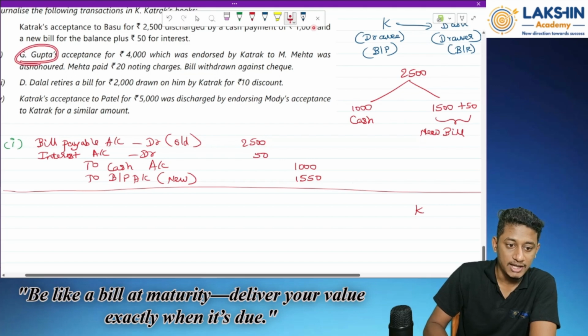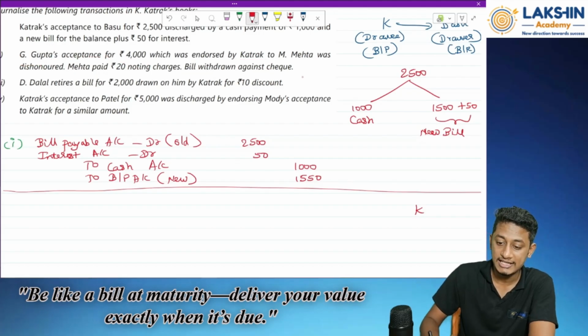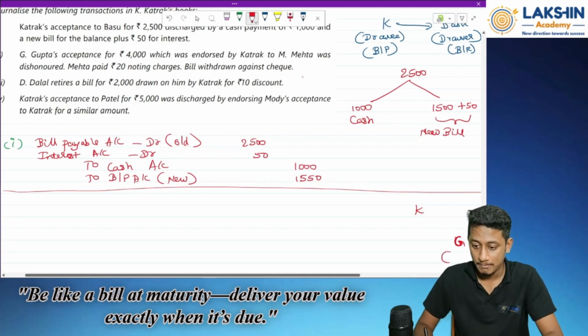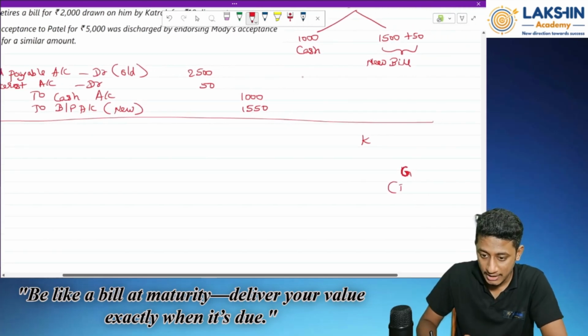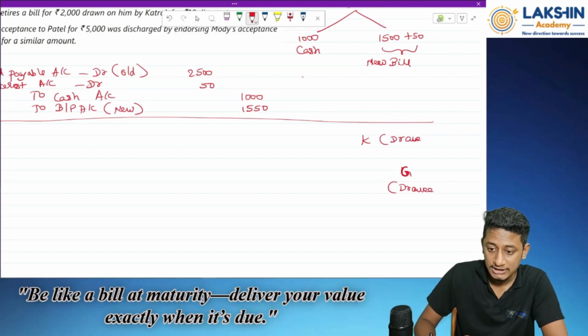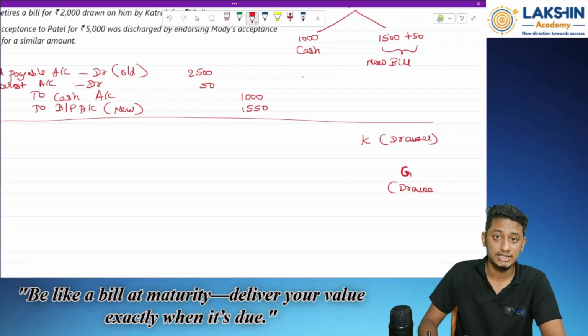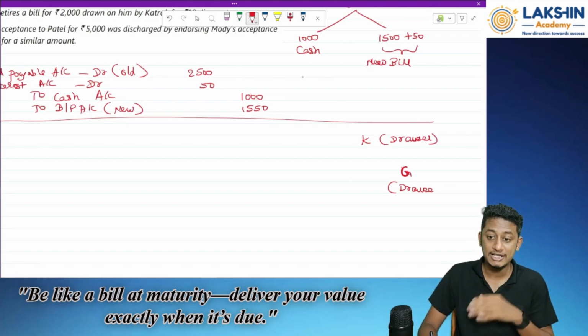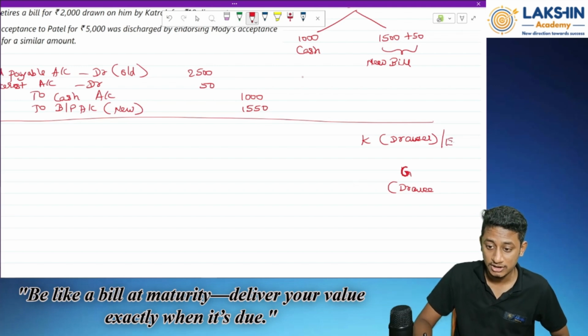Mr. Gupta's acceptance for rupees 4,000, which was endorsed by K. So Mr. G has accepted the bill, so he will be my drawee. Mr. K will be the drawer. Since Mr. K has endorsed the bill, we will know that he was the drawer of the bill and he becomes the endorser now.